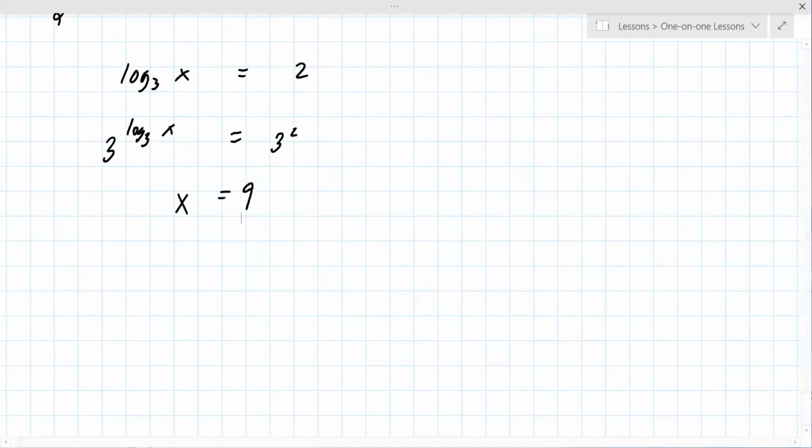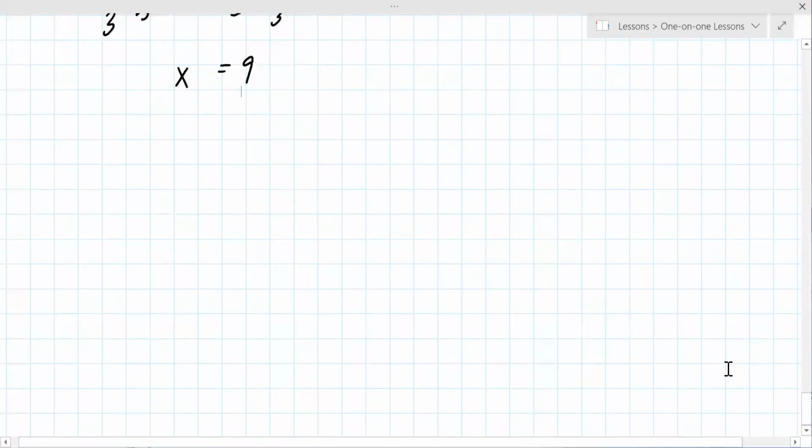Okay, so let me take a look at this other example before I give you more. That's weird. Why did they do that? Okay, let me have you do one more before we move on to this. Let's say it's log base 4 of log of x equals 2.